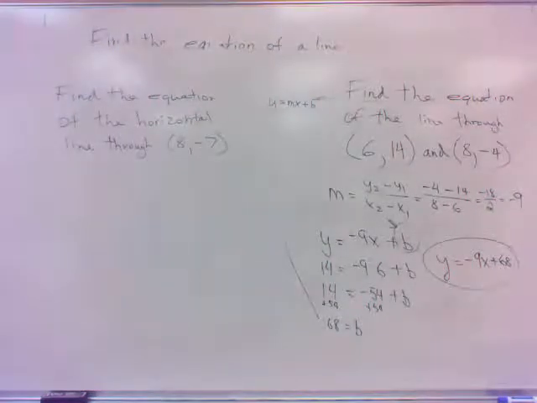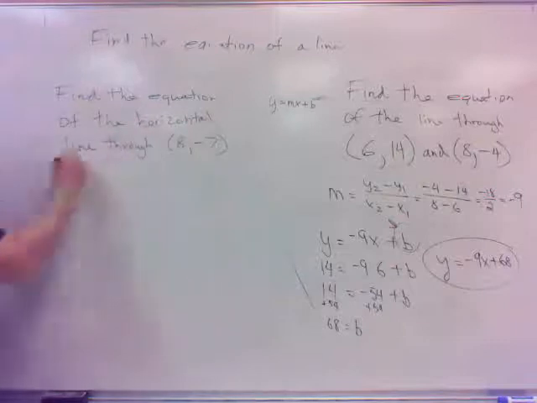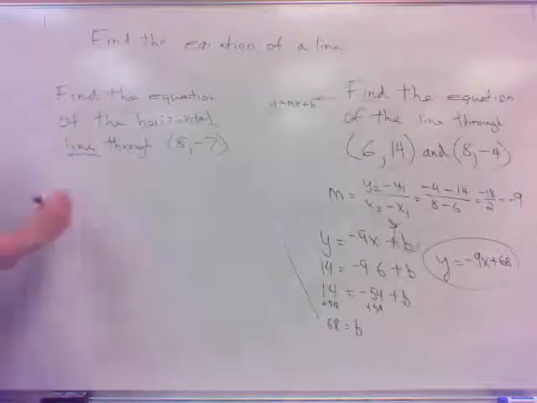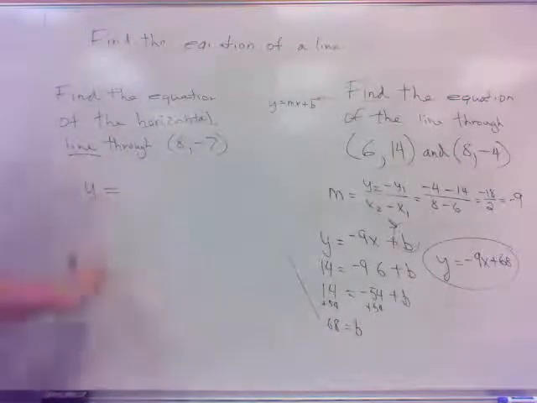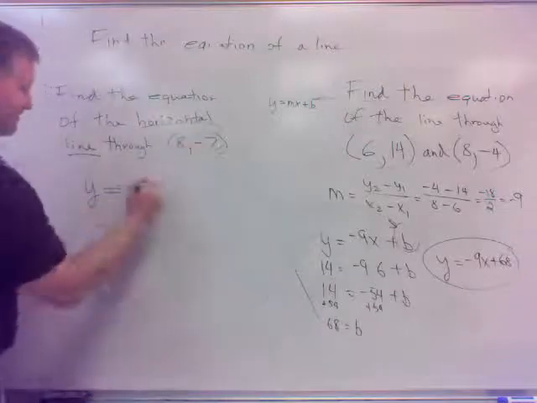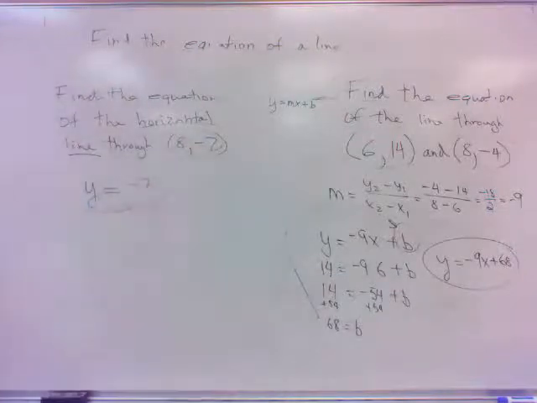I know I want a horizontal line. And what do I know about horizontal lines? Well, they have a nice little format of y equals a number. Horizontal lines are y equals a number lines. And if y equals a number, what number had it better be? Negative 7. So much simpler problem if you know what you're doing there.